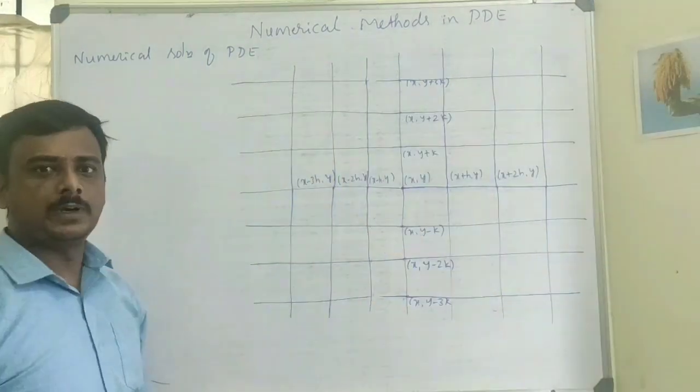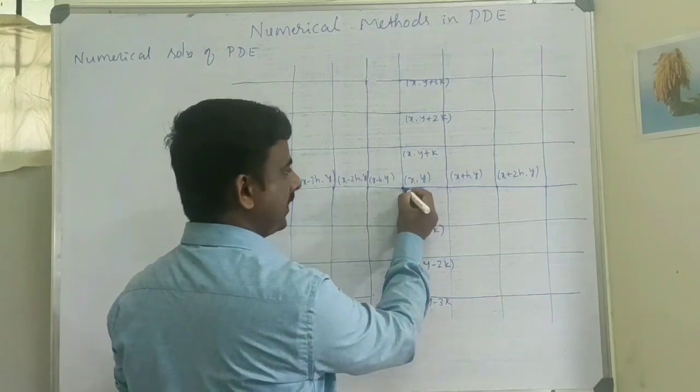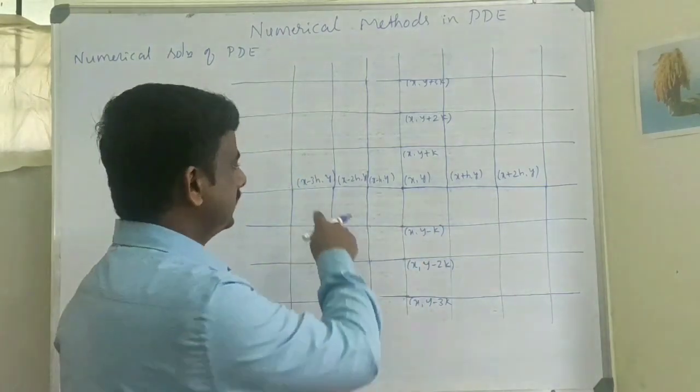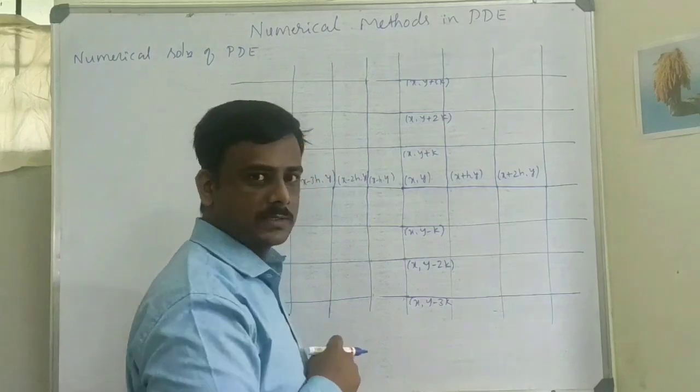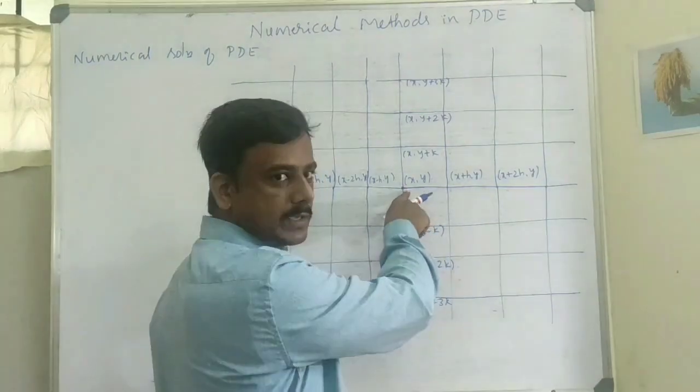This is the way of constructing it. Start with the point (x, y) initially, then draw two perpendicular lines, and they should cross through (x, y).